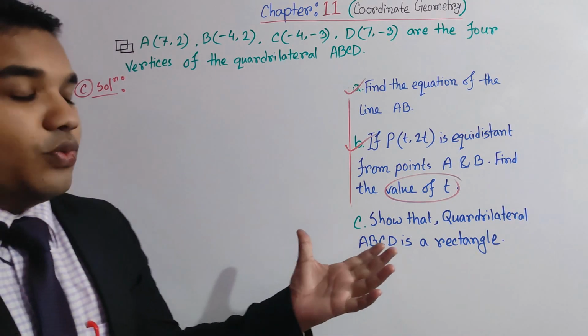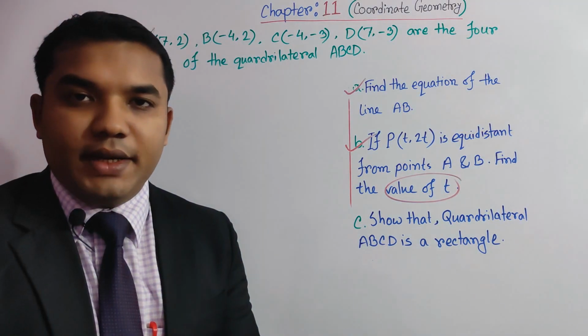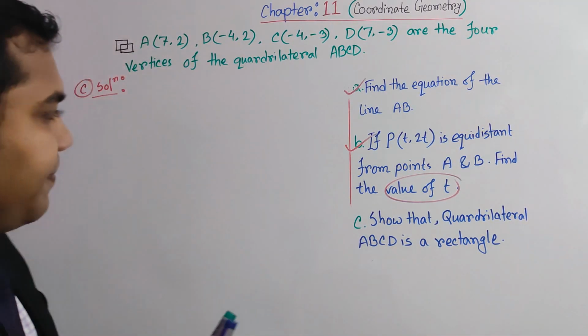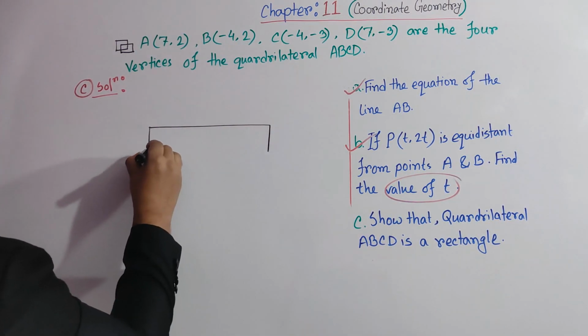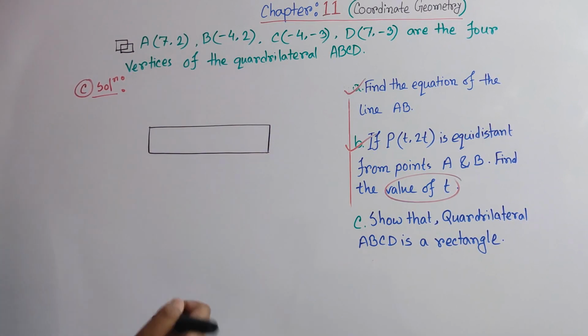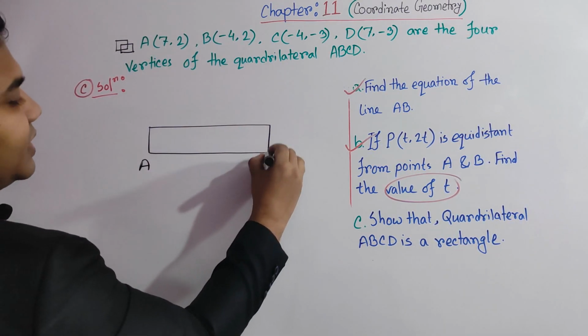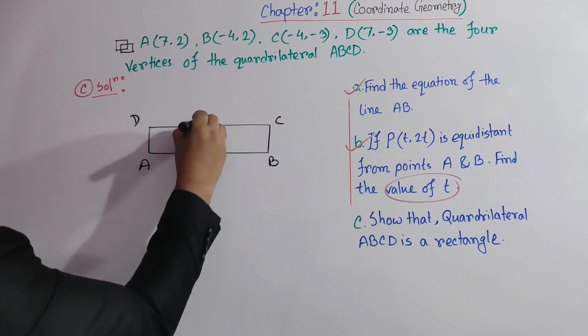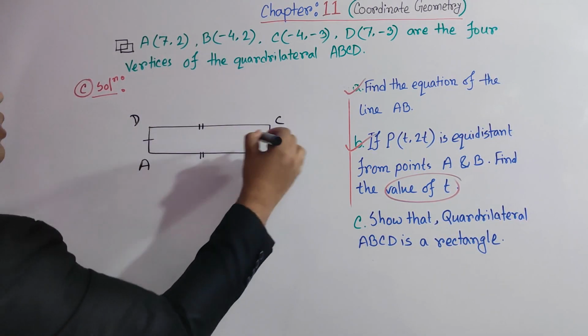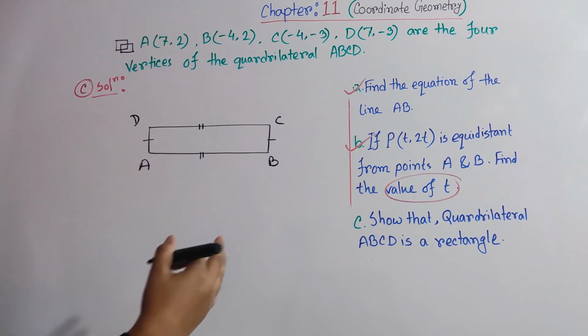So, dear students, we first need to know when a quadrilateral will be a rectangle. If ABCD is a quadrilateral, it will be a rectangle if the opposite pairs of distances are equal.